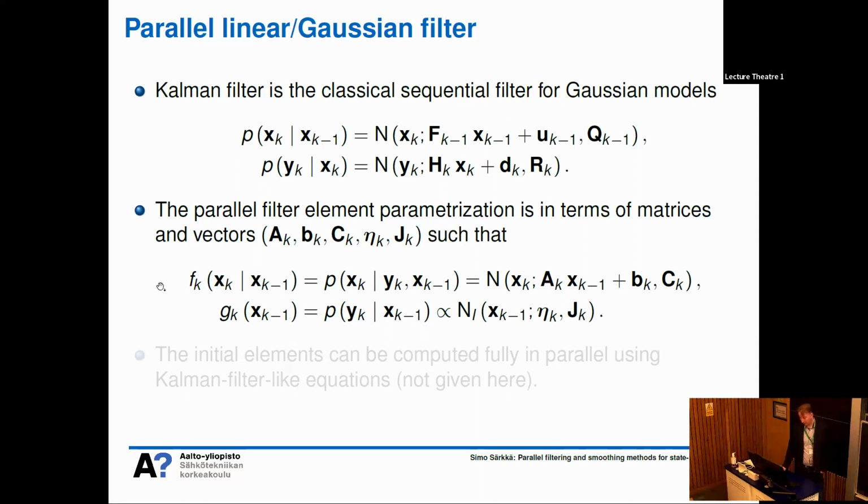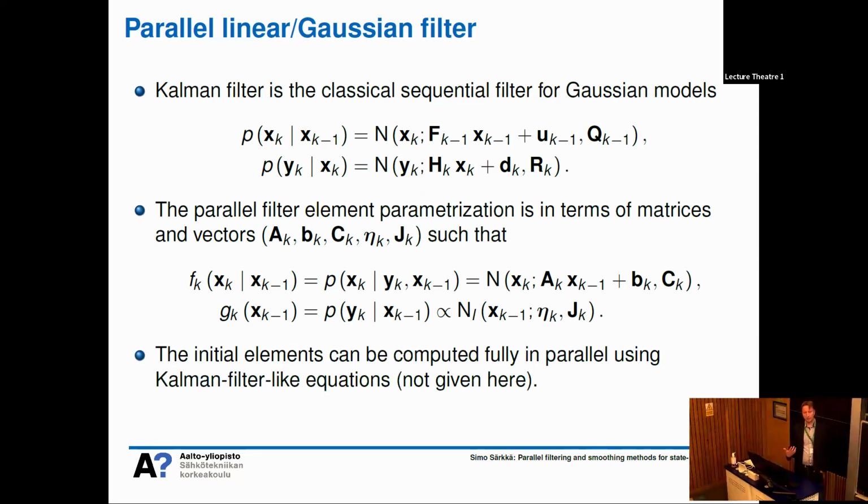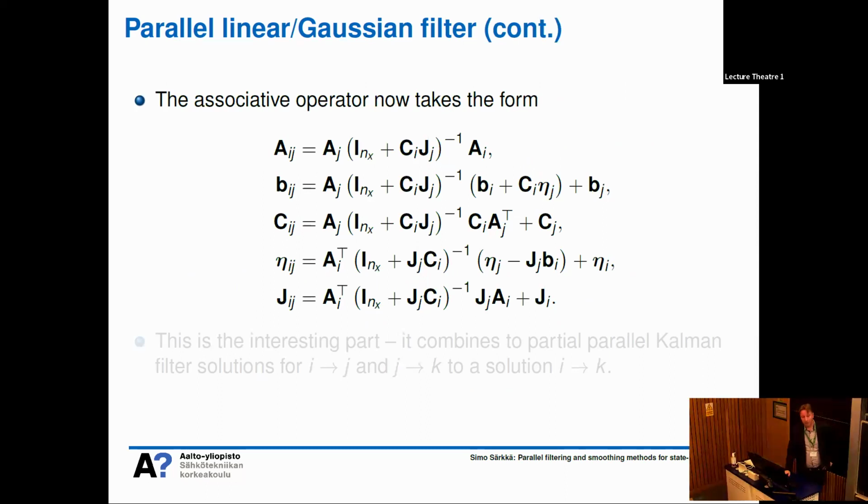So you can parameterize our element A with A, B, C, eta, J. And then the initial elements can be computed independently, and they look a bit like Kalman filter predictions and updates done locally. I don't want to copy the equations here. And the associative operator takes this kind of form.